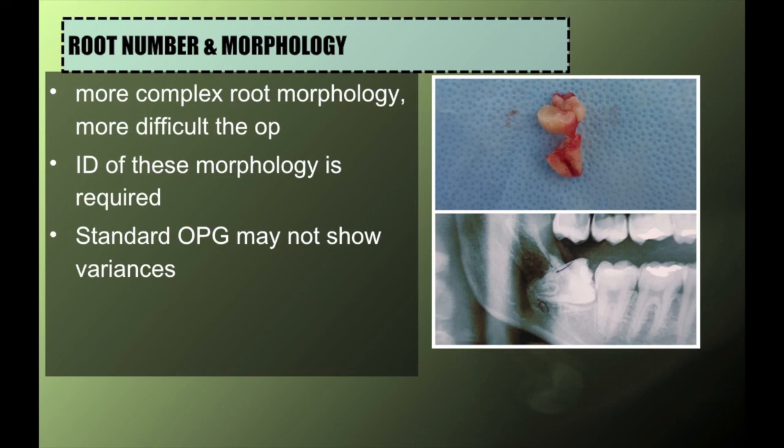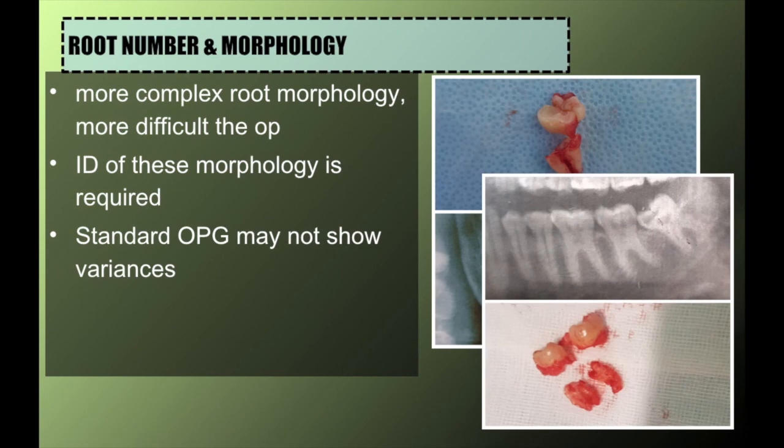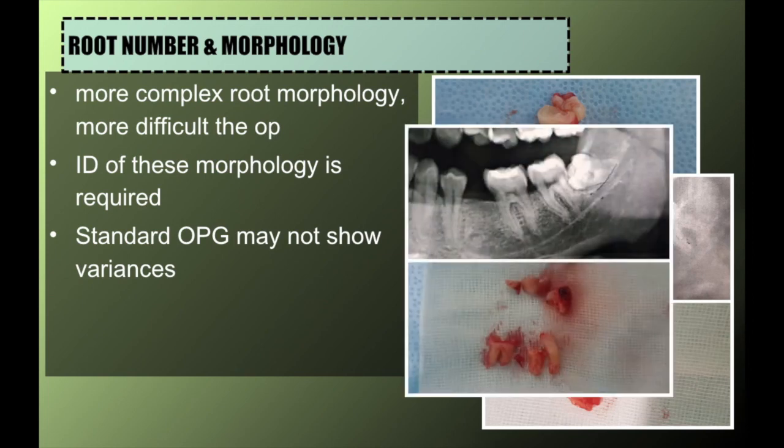This simply means that the more complex the roots are, the more difficult it is to remove it. It is important to note still that standard two-dimensional images may not show all the variances in the roots, and thus careful review of these images is consequential. Three-dimensional images could be of help in these situations.